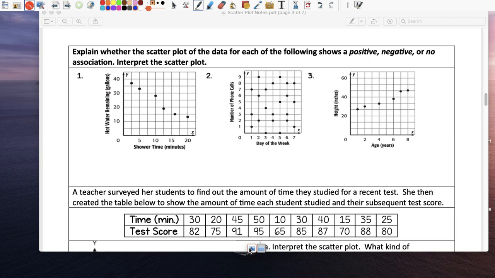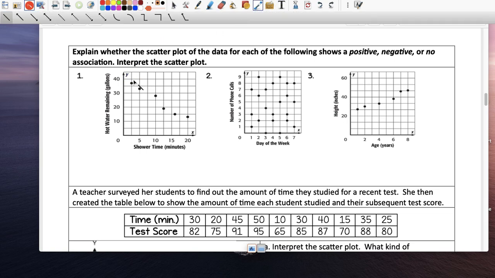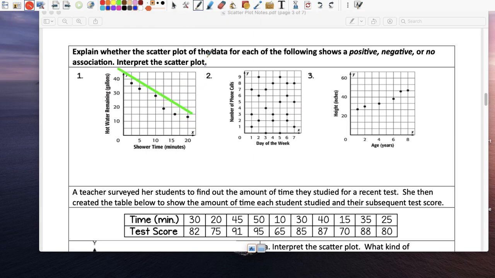It says explain whether it's a positive, negative, or no association. Interpret the scatter plot. So this one, if you draw the line of best fit, right? If you draw a line here, that is definitely a negative association or correlation. Okay, so I'm going to write that this is negative. A strong negative, right?